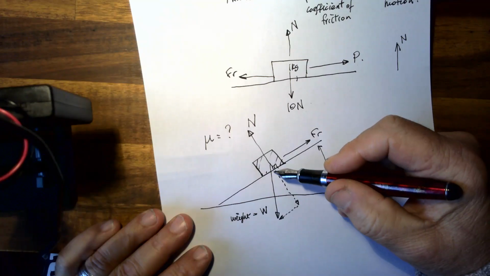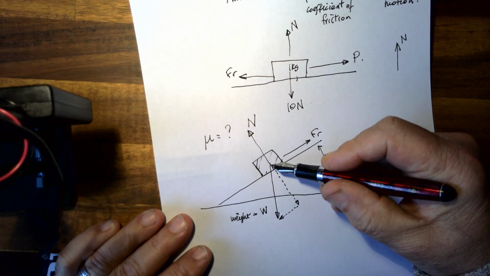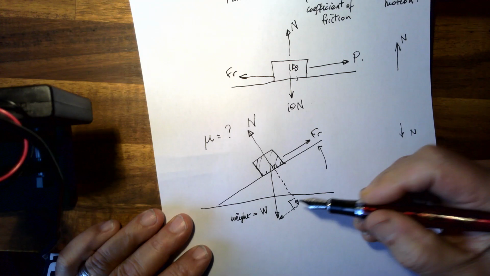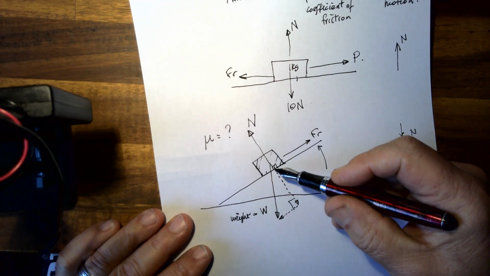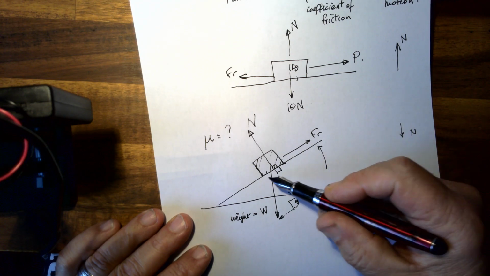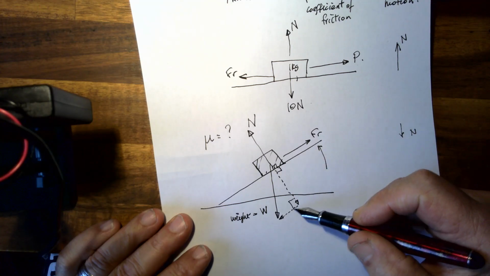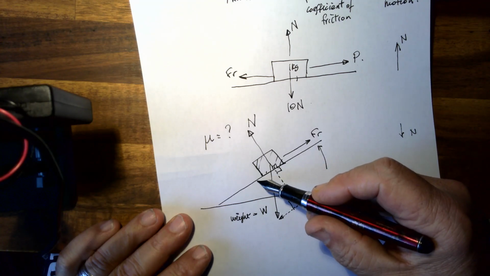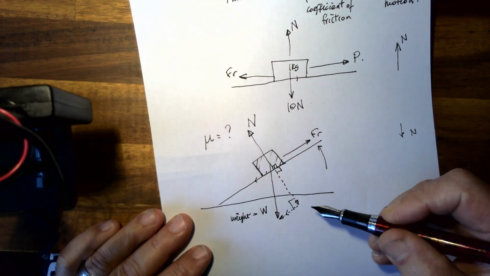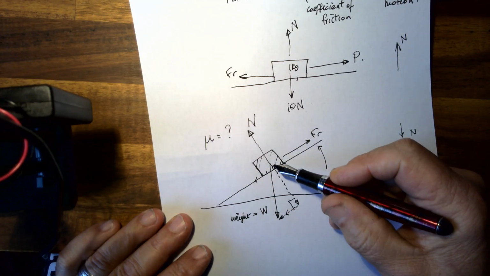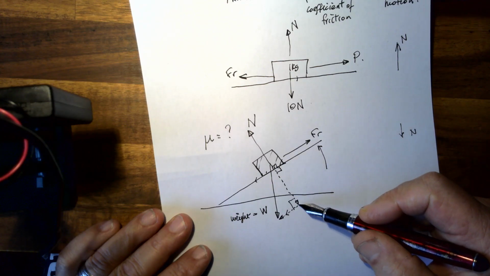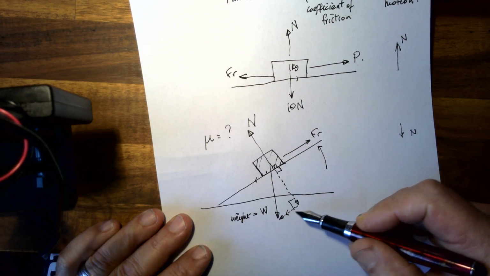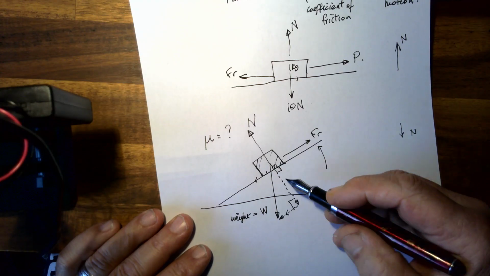Okay, so there's the weight force pushing down here. I'm now breaking this weight force up into two vectors. One which is at right angles to the sloping surface, and the other vector is parallel to the sloping surface. So I've changed W into two vectors, one at right angles to the sloping surface, one parallel.